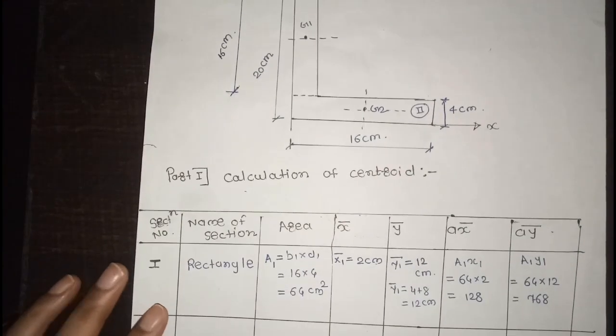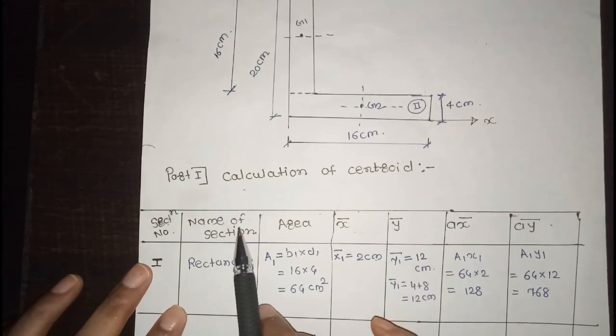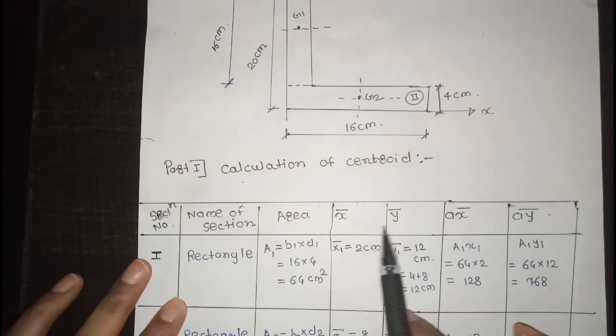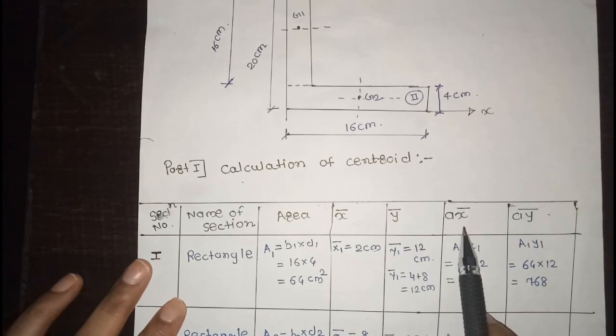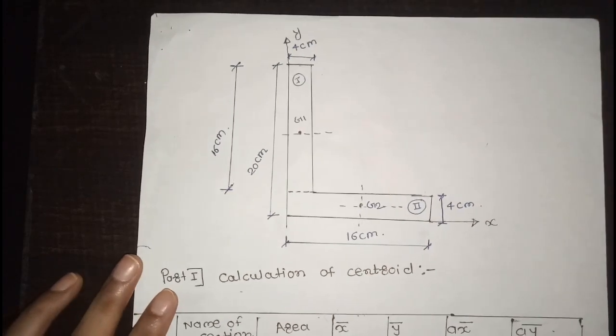So calculation of centroid. First of all, draw the table: serial number, name of section, area, x bar, y bar, ax bar, ay bar.